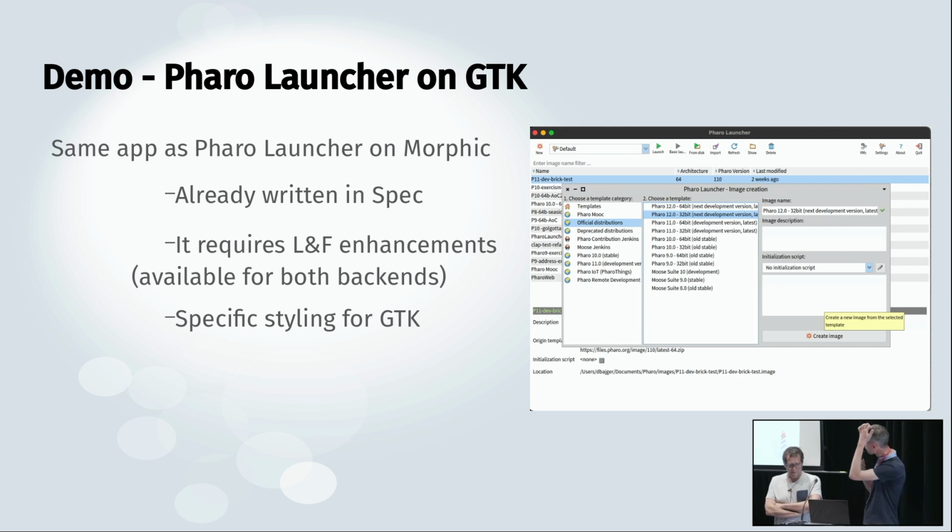So you have a screenshot there. We did not have to rewrite everything. We just needed to do some enhancements for the look and feel. You will see. They will be available for both backends. And also, we had to do some styling for the application.